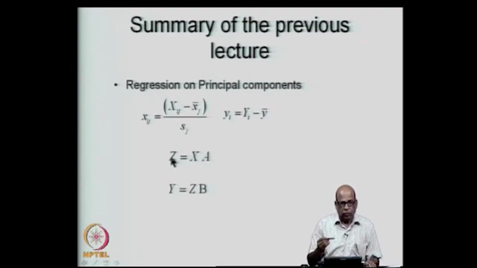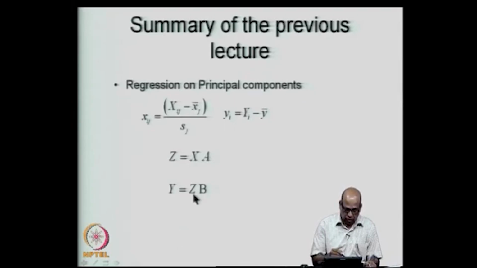We now develop the regression relationship between the dependent variable y and the transformed data z by using the parameters b. Y is the dependent variable. So, this is a single variable, it has n observations and therefore, it is a vector n by 1.